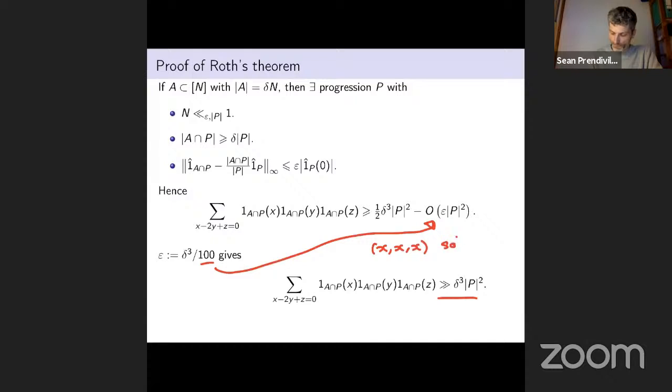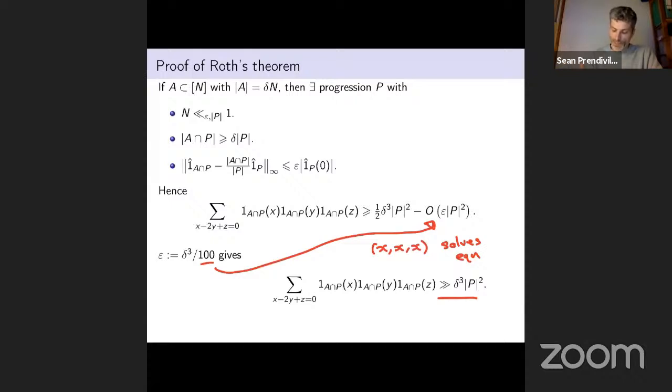So that's a trivial three-term progression. And maybe this lower bound we've got is just generated by counting all these trivial progressions.